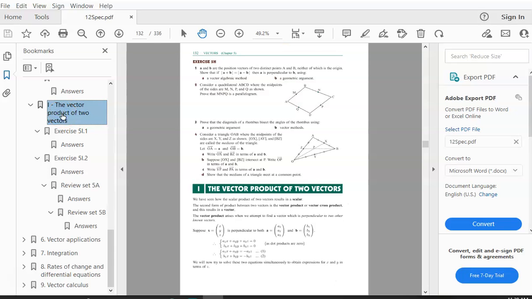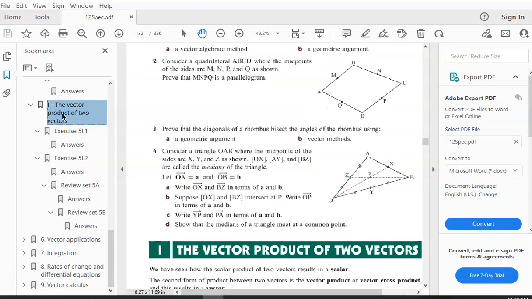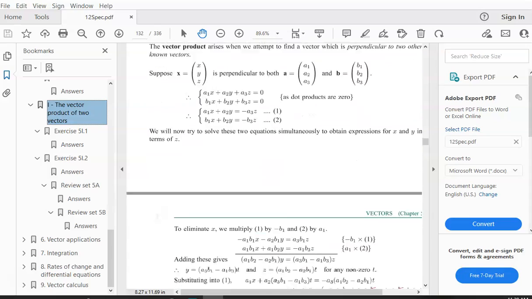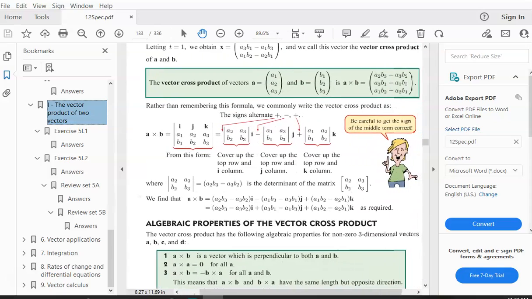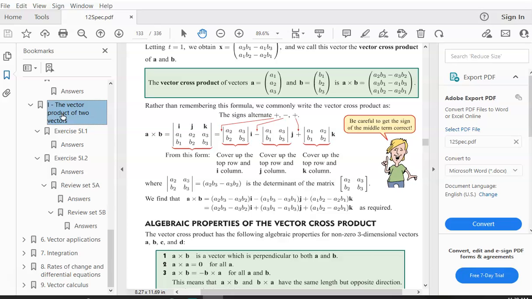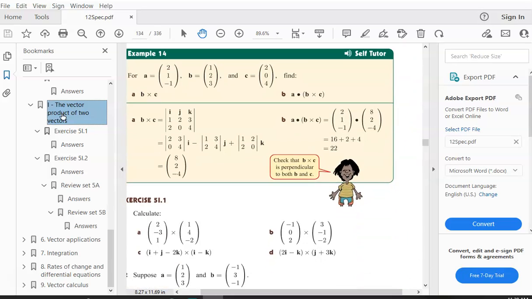Just before we hit Chapter 6, remind me, did we look at the cross product? Yeah, I think we did. So the cross product, which I think we called just working out the determinant of three equations.